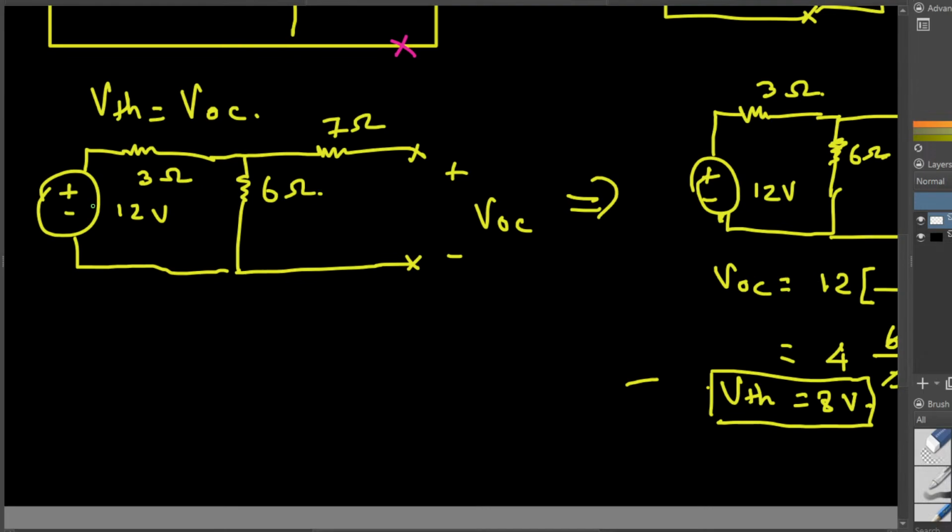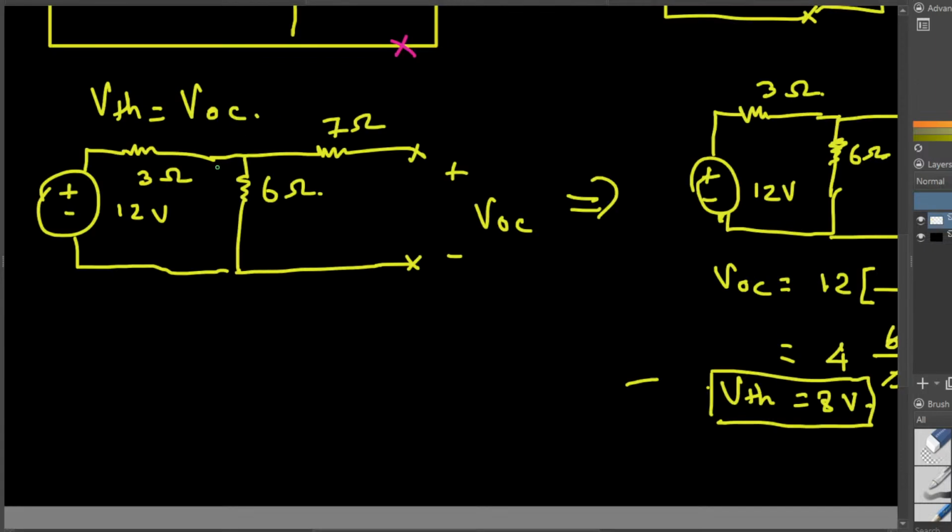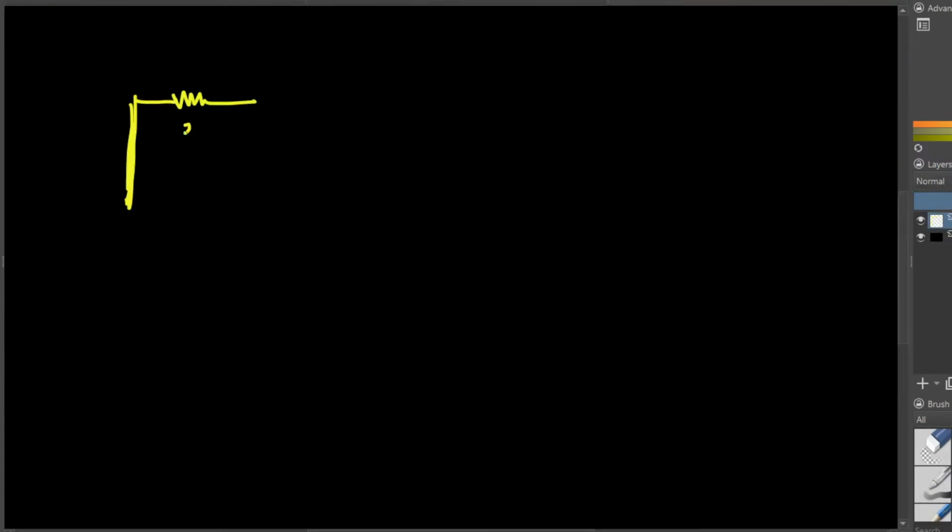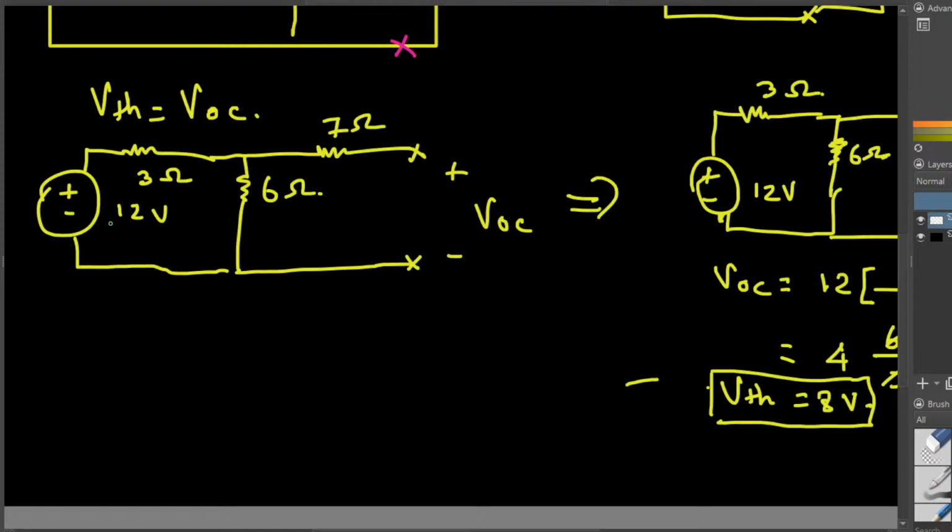If I kill that voltage source, it's going to look like this. We are going to have a straight line here, and the others are going to remain the same. So it's going to be a short circuit like this, and then 3 ohm and 6 ohm here.